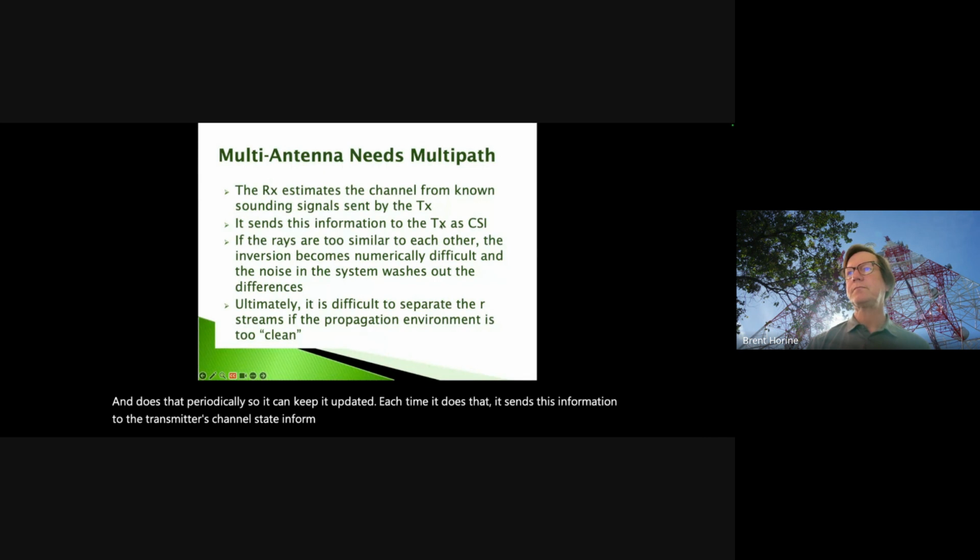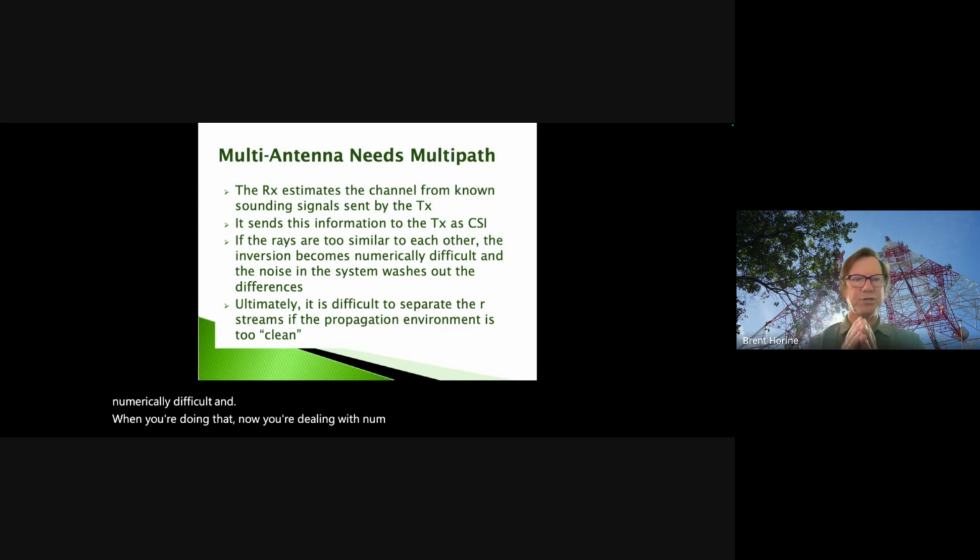Now, assuming you're doing pre-coding, if all those different rays, the paths from the transmitter antenna to the receive antenna, are too similar to each other, the inversion becomes numerically difficult. And when you're doing that, now you're dealing with numerical precision issues in your mathematics.